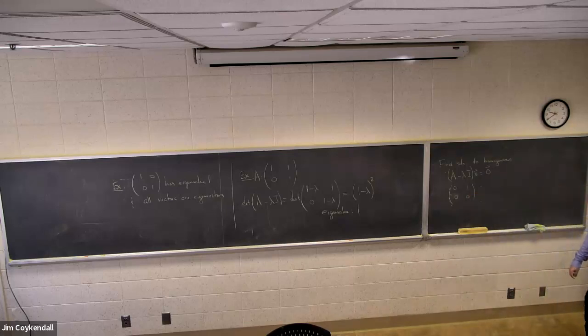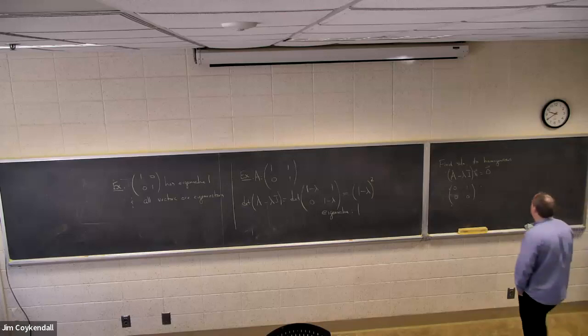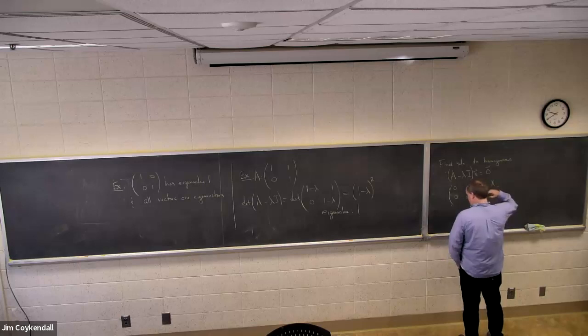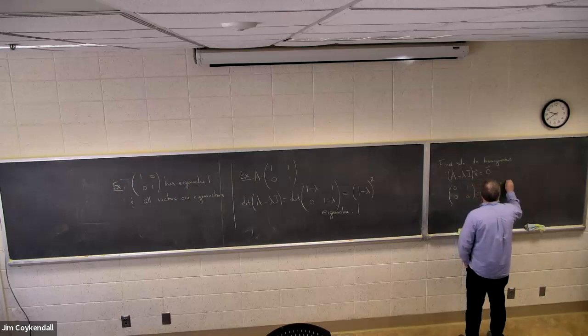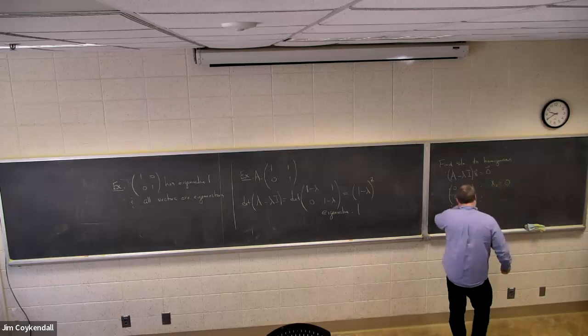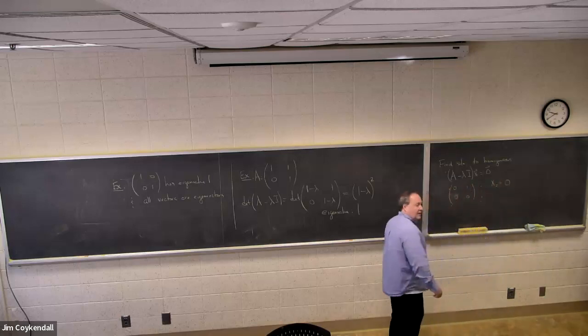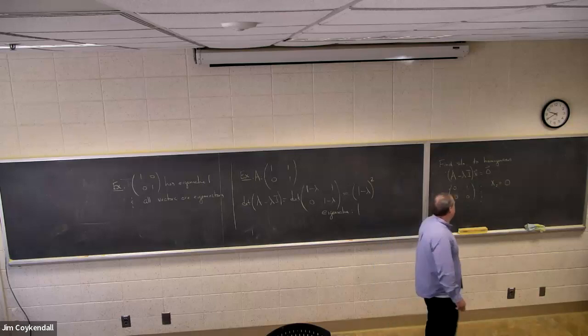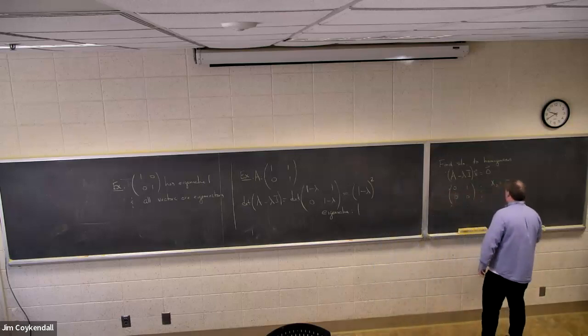There's one pivot. And so this means that x2 is 0. That's your basic variable. And there's no equation governing x1. x1 can be anything. So your eigenvector looks like this.